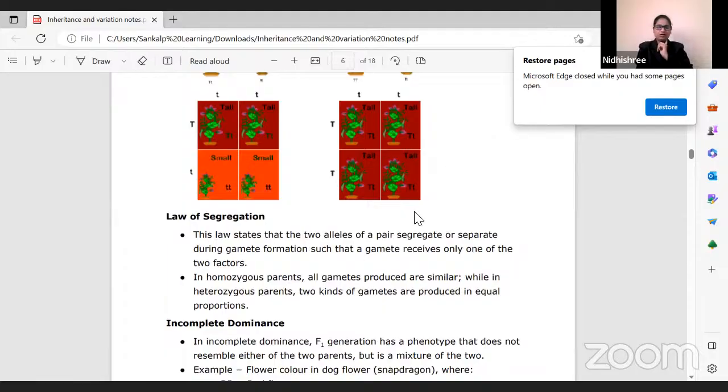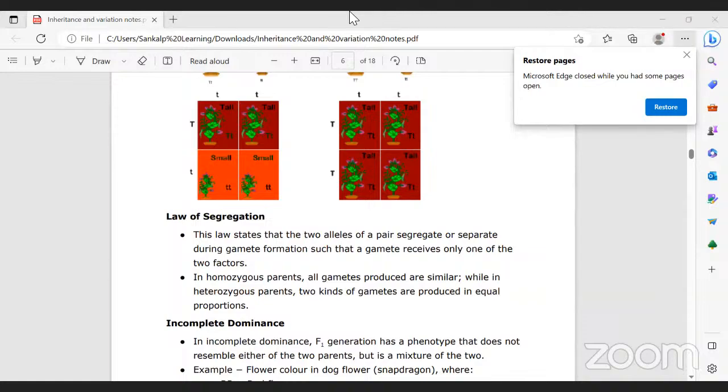Nidhi, are you here? Okay. Lohit, are you here? Whether he's present or not, because he didn't answer the questions. Lohit, yes ma'am.